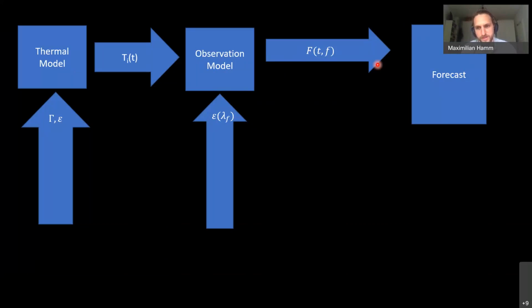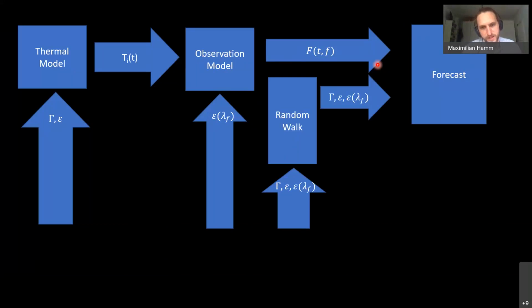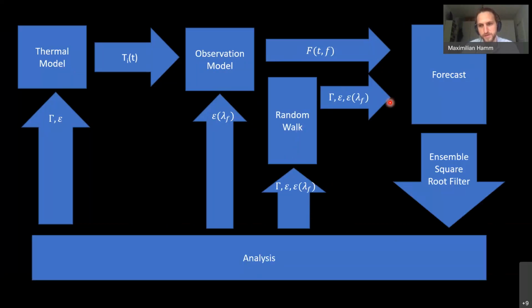And thus we need a forward model for the material parameters from one Kalman filter iteration to the next one, and we do a random walk with this. So we plug in all the model parameters and include them in the forecast via a random walk forward model. Then we perform the Ensemble Square Root Filter, get an analysis, and repeat this whole iteration.